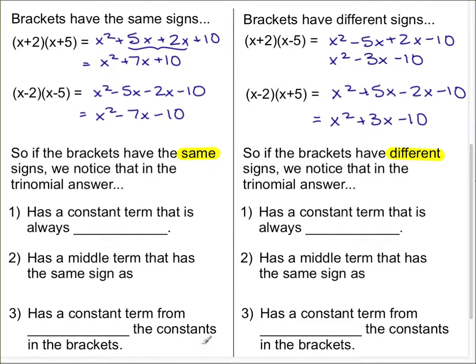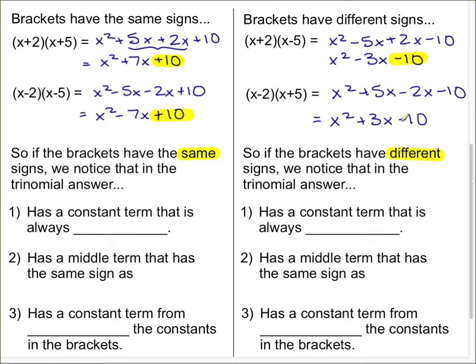If the brackets have the same signs, we notice that the trinomial answer has a constant term that is always... So let's look up here. This is what I mean by the constant term. So here's our answer. What do we know about the constant? Oh, wait a minute. I made a mistake there. Okay, that'll be a little bit better. Has a constant term that is always, and let's take a look at this one over here.